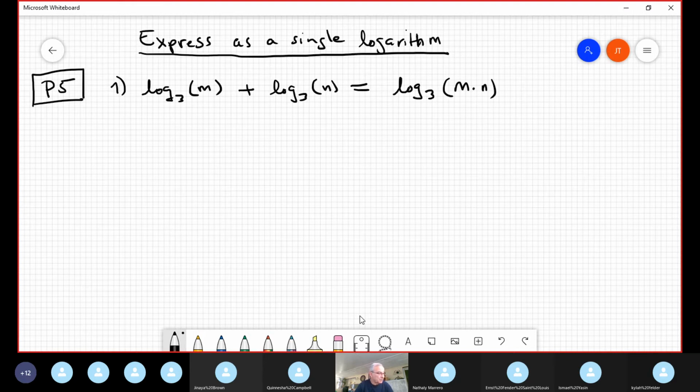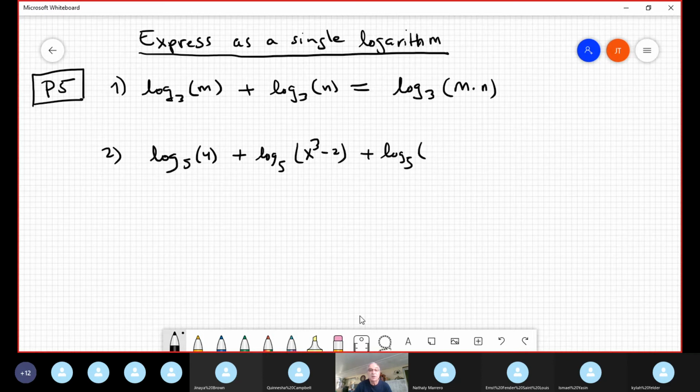Another, more interesting example. Number 2: logarithm base 5 of 4 plus logarithm base 5 of x cubed minus 2, plus logarithm base 5 of 2. My goal is to express it in only one single logarithm.